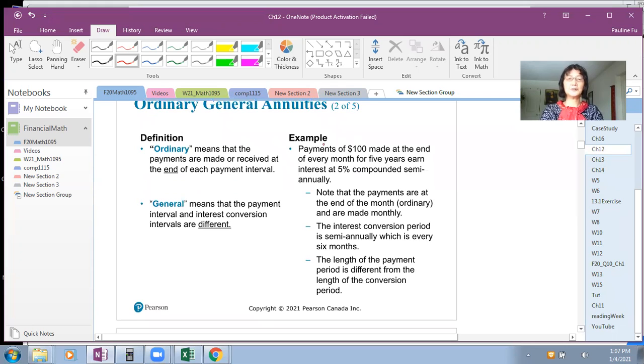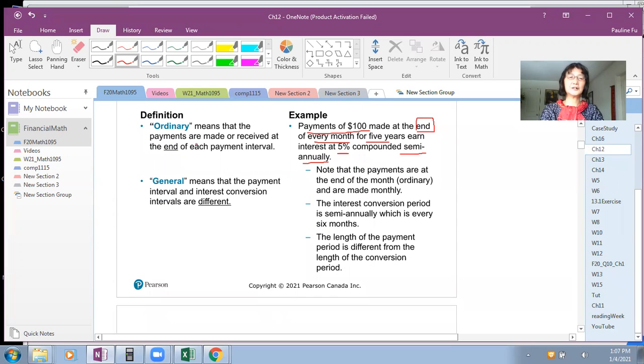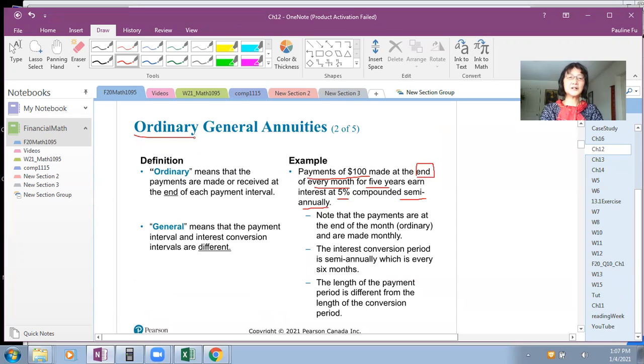So let's take a look at an example. Payment of 100 is made at the end of every month for 5 years, earning interest of 5%, compounded semi-annually. In this example, the payment is made at the end. This keyword end means this annuity is ordinary.